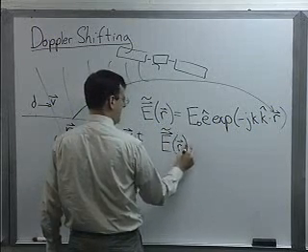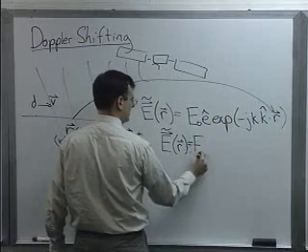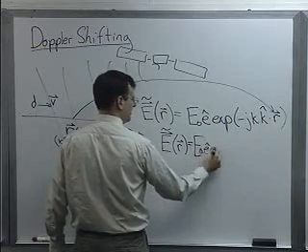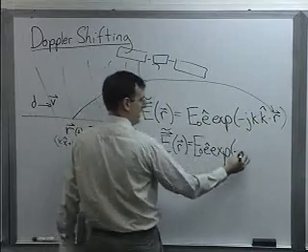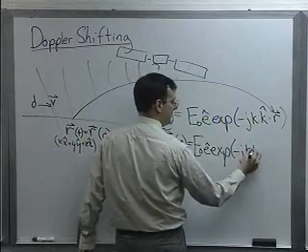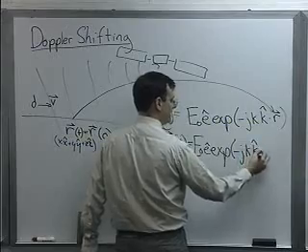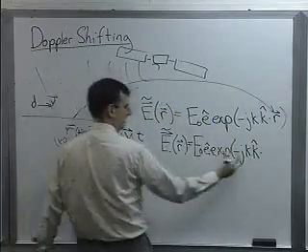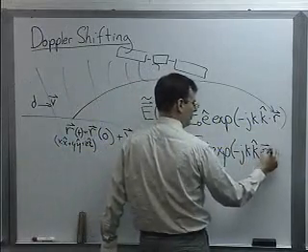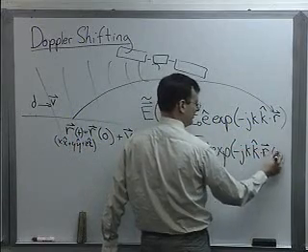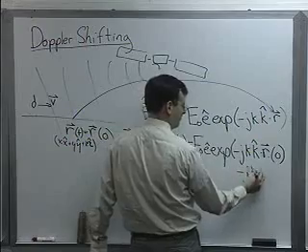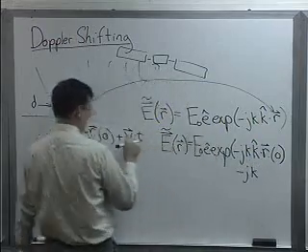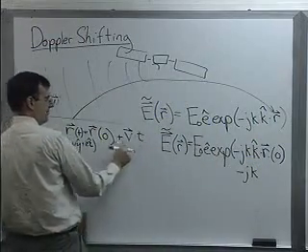Well, now my phasor becomes E naught, polarization vector, exp minus j k hat dotted into this starting point, plus scalar time times velocity vector.